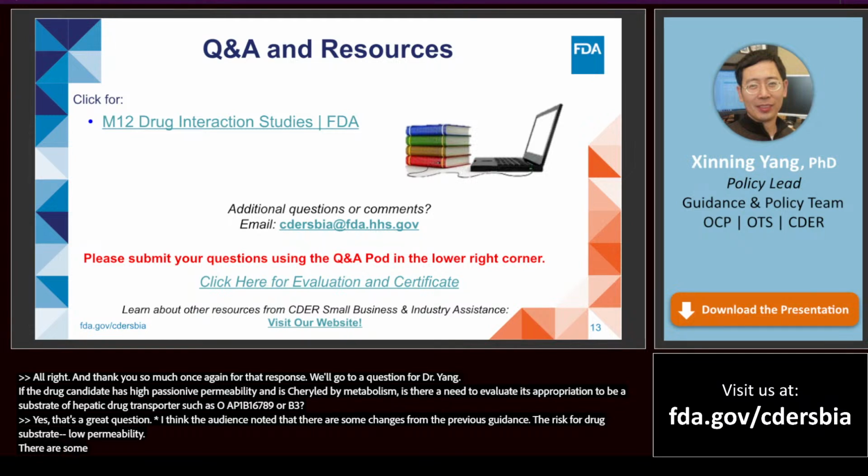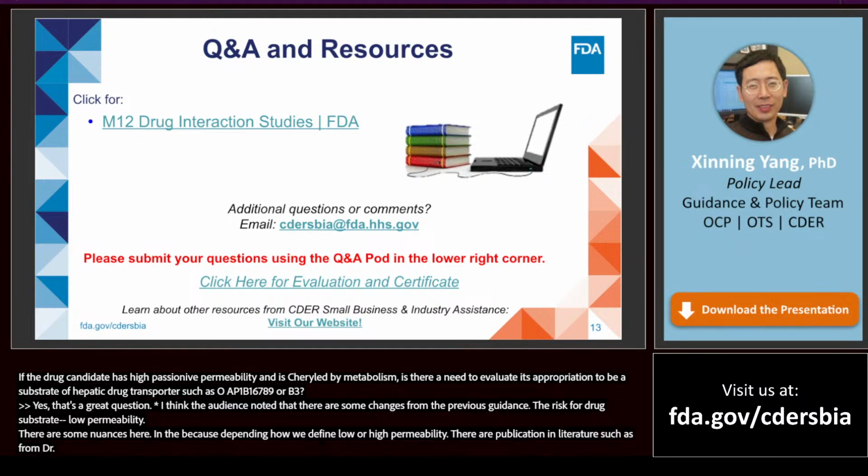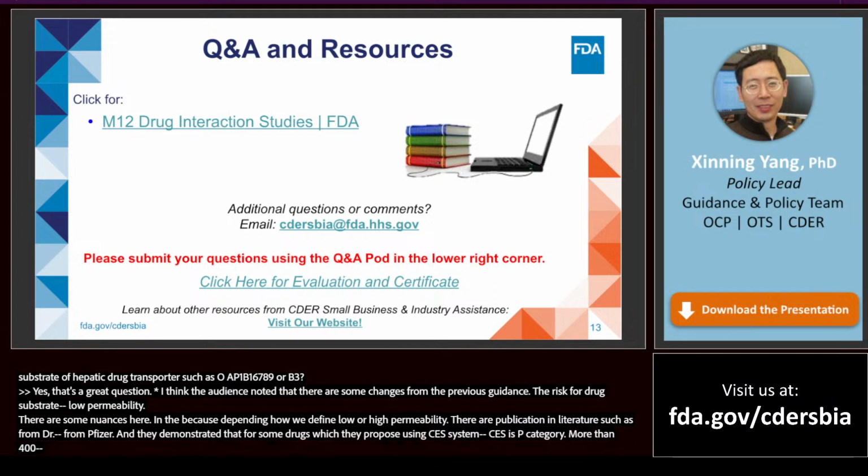Depending on how we define low permeability or high permeability, there are some publications in the literature, such as from Dr. Varma and his colleagues at Pfizer, and they demonstrated that for some drugs, which they propose using an ECCS classification system, I think it's an ECCS 1B category, an ionic compound with a large molecular weight more than 400 Dalton or 430 Dalton, for some of those, even though they show reasonable permeability, in vivo they may still be subject to the impact of OATP1B inhibition.